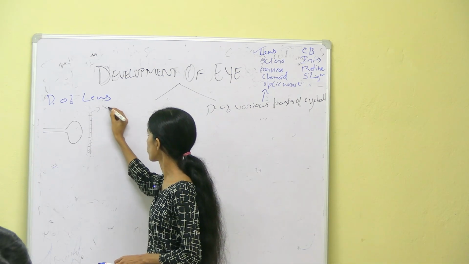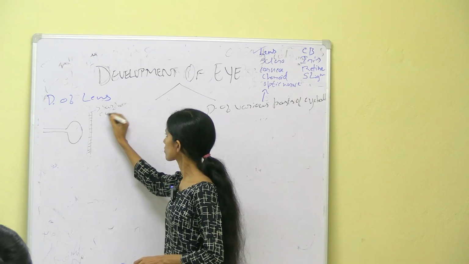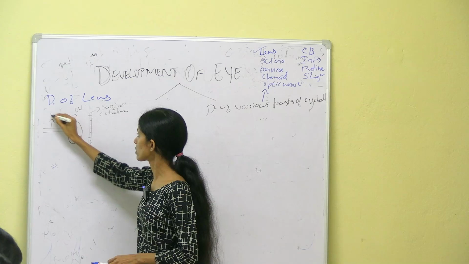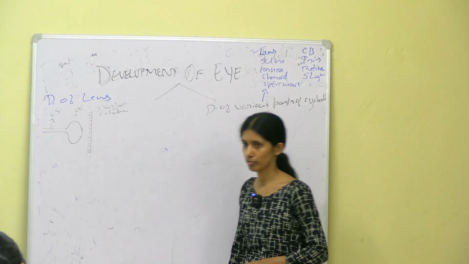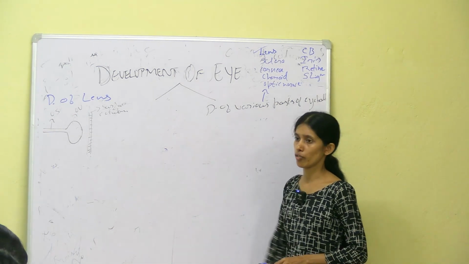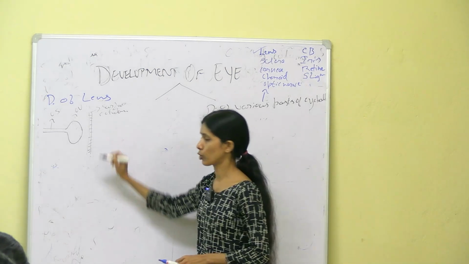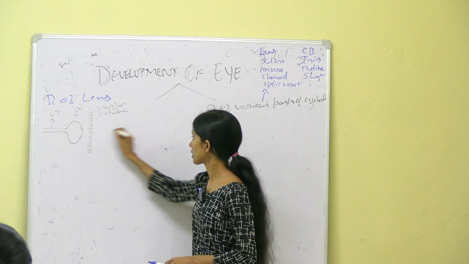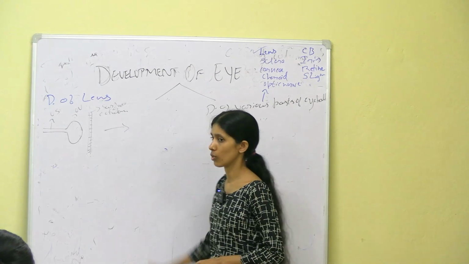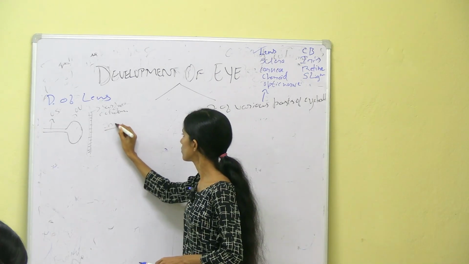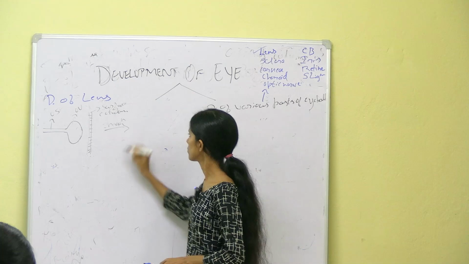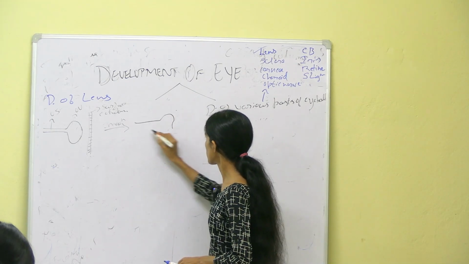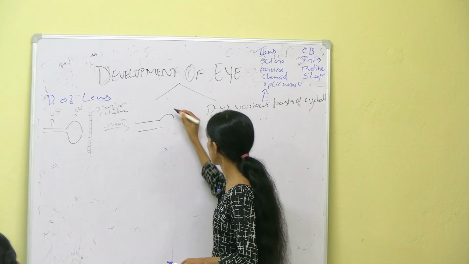This is your surface ectoderm, optic vesicle, and this is your optic stalk part. So during the development of your lens, your surface ectoderm will slowly start invaginating into your optic vesicle part. Okay. So once the invagination starts, this is how the structure will appear.